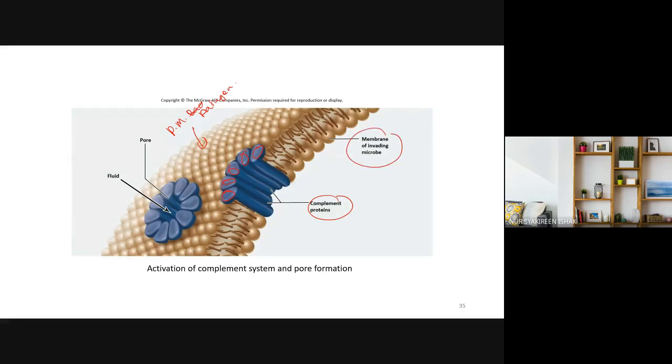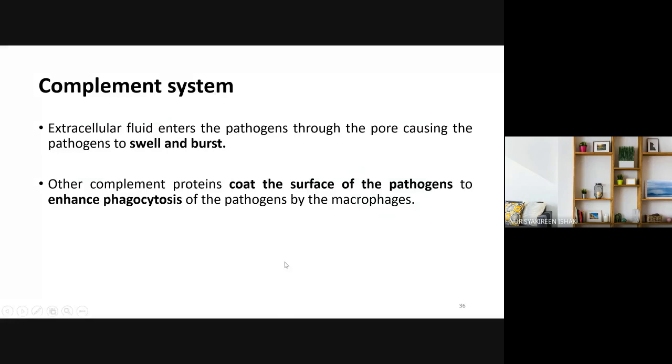So this complement system or the protein will be inserted into the plasma membrane of the pathogen and forms pores. Okay, pores or little pores. Okay. So extracellular fluid enters into the pathogen through the pores, causing the pathogen to swell and then burst.